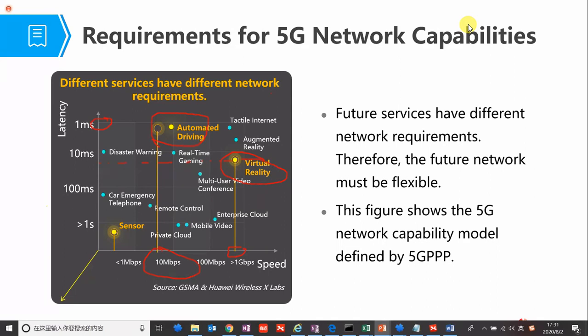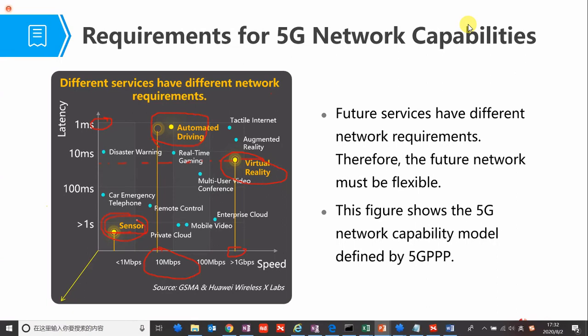And for sensors, they don't need much latency or bandwidth. They need a huge number of connections.